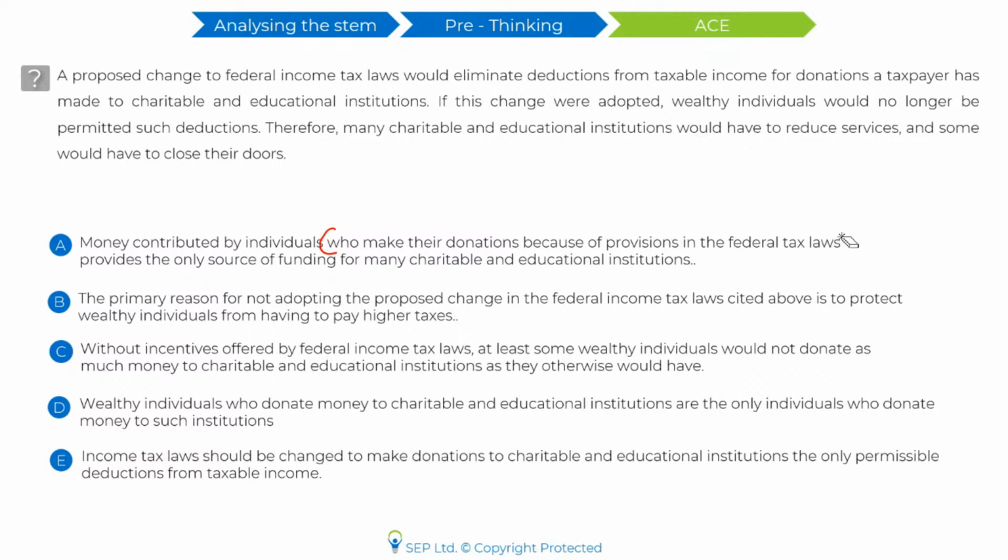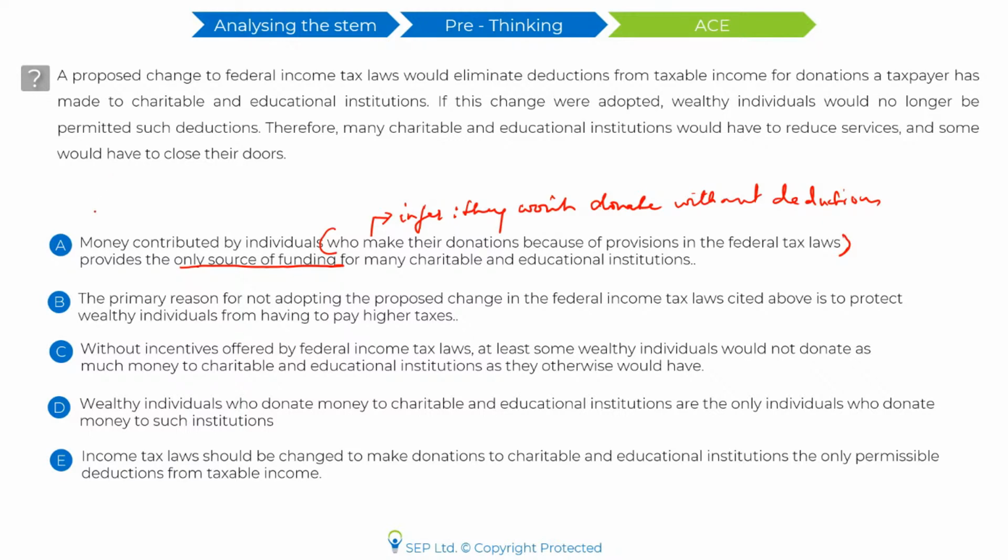Now, this piece tells me this, from this I can infer they won't donate without deductions. Okay, because they are donating because of the provisions. So if the provisions change, they are not going to donate. So such individuals provide the only source of funding.